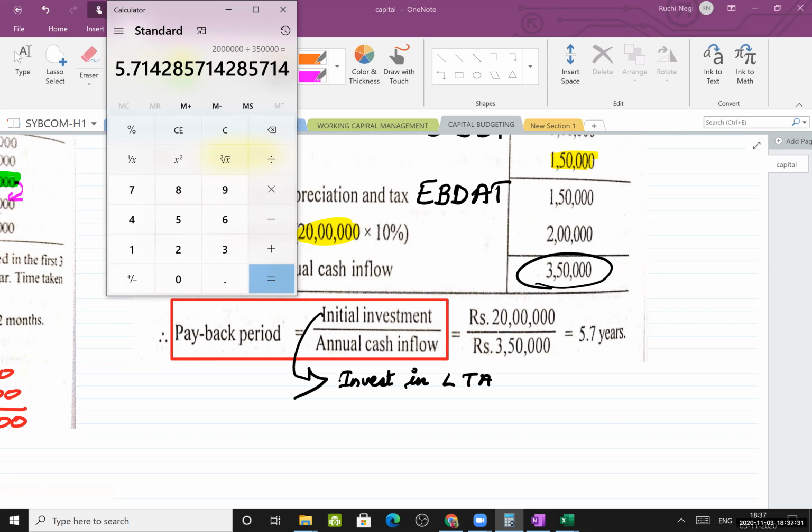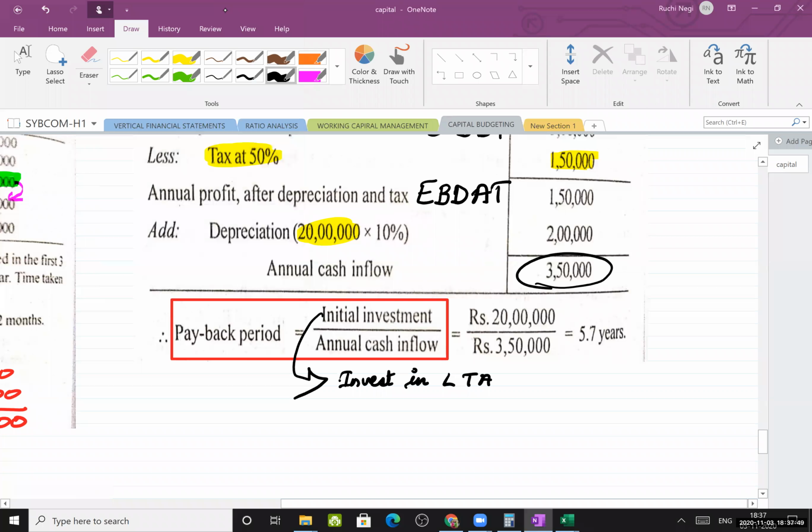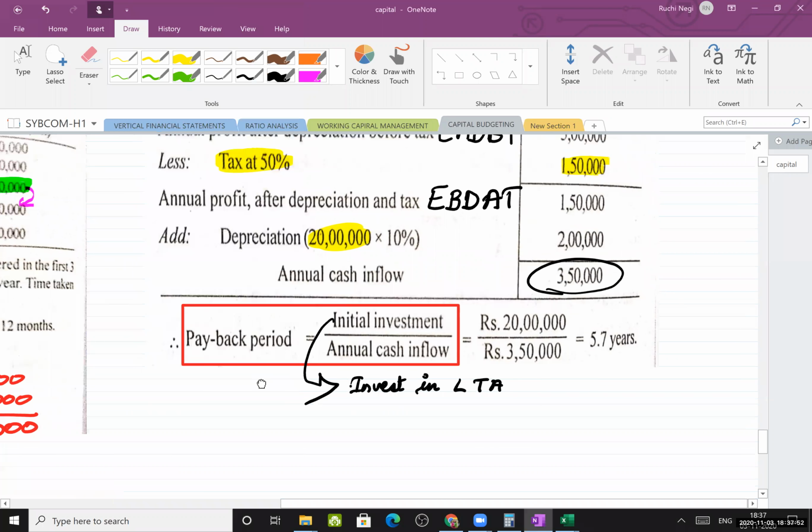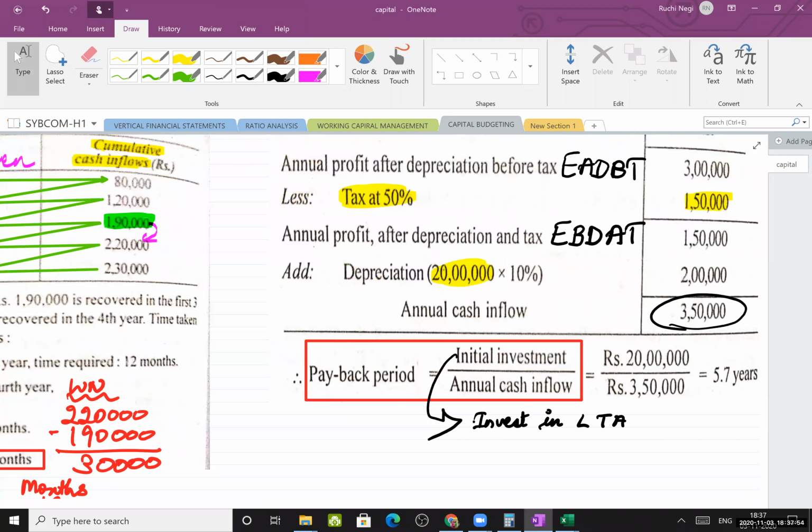Don't round off, because here in payback they want the answer in months also. minimum years जिसमें आपको पैसा मिल जाएगा. Okay? 5 years and 7 months. Is it clear? समझ में आया?